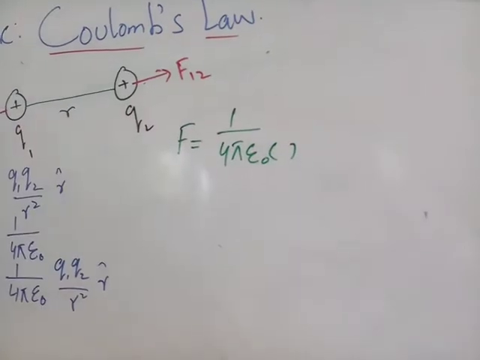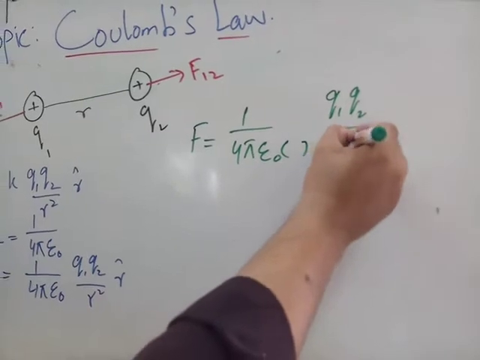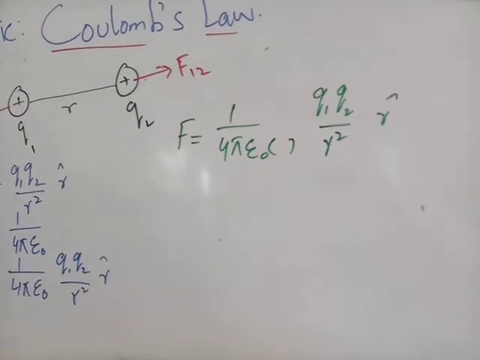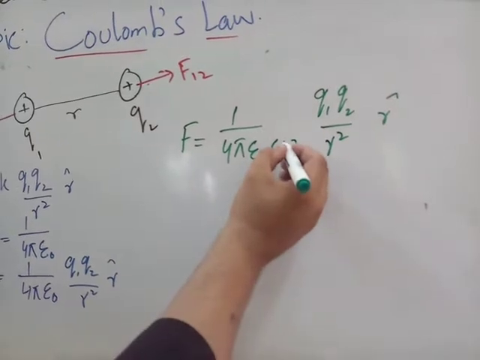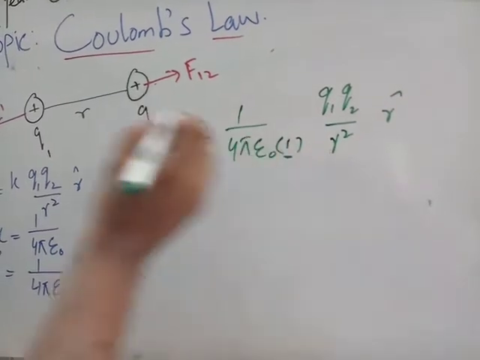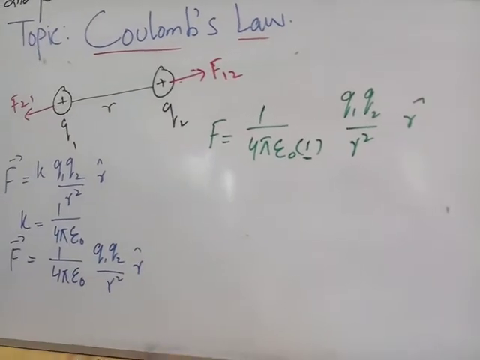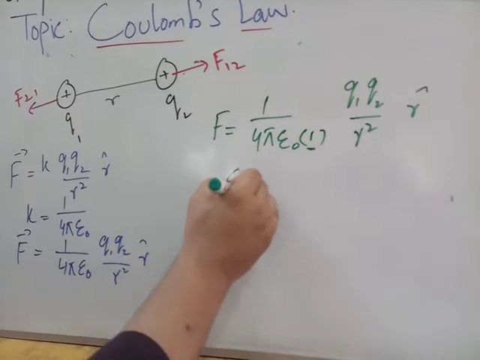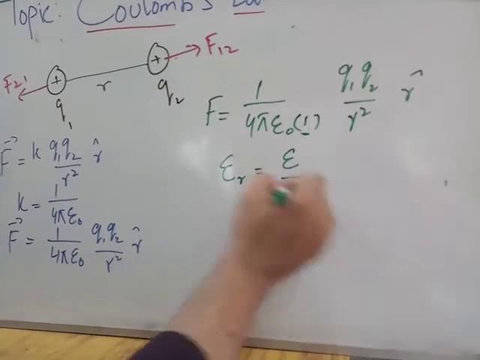If we use vacuum between these two charges, the value will be 1, and if we use air, the value will change and the whole calculation will change. So for this we use epsilon R, which is equal to epsilon over epsilon naught.